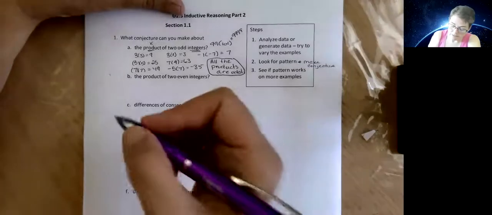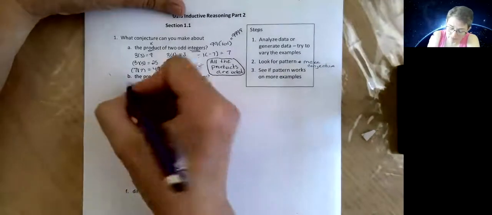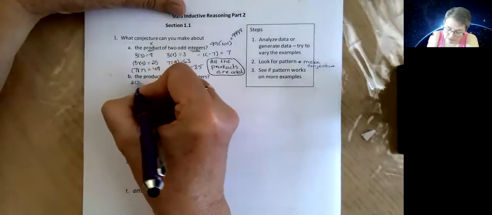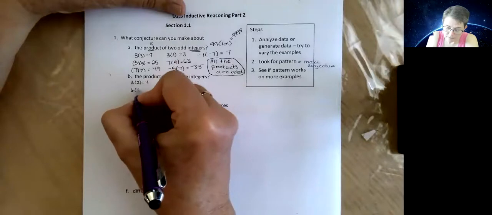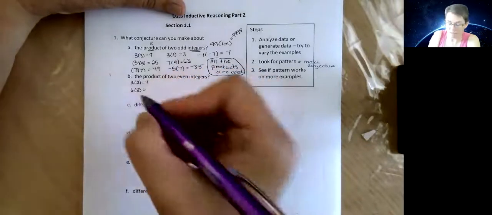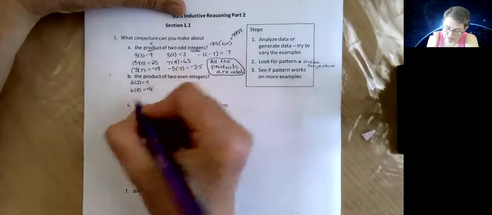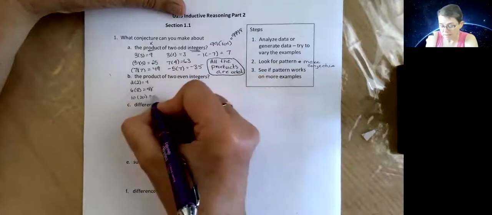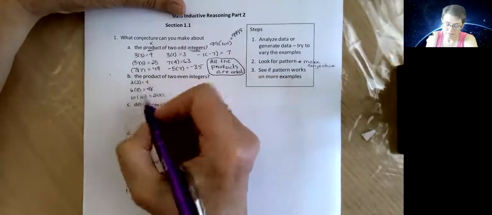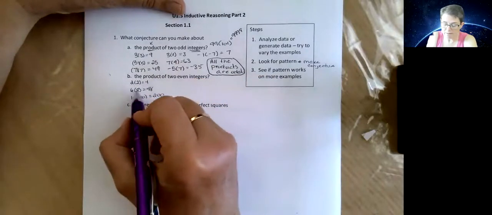All right, let's try it. 2 times 2 is 4. 6 times 8 is 48. 10 times 20 is like 200. So I did a nice pair. I picked ones that are different.